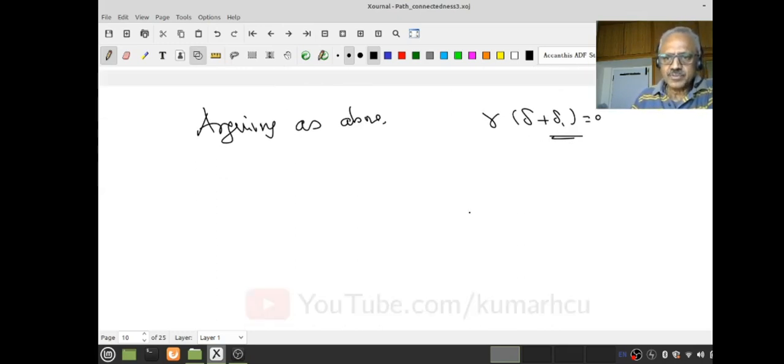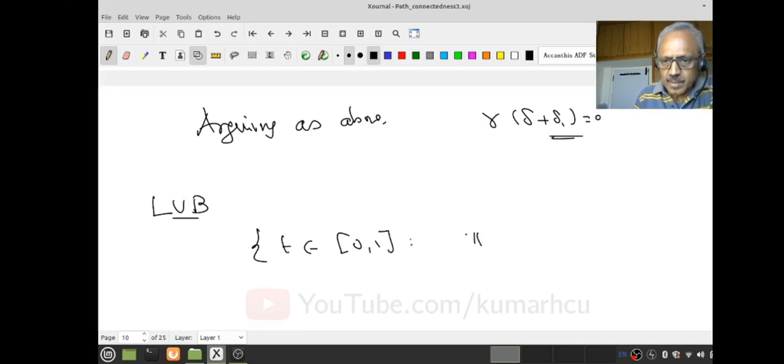But if you are not convinced with this kind of argument, I will go back to my usual LUB argument. So let us look at the set T in the interval [0, 1] such that π₁ composite γ of t is 0. Then we have shown that the entire set [0, δ] is contained in this.